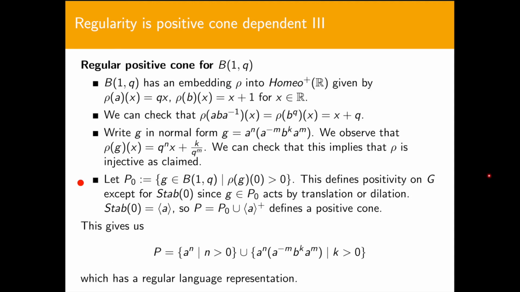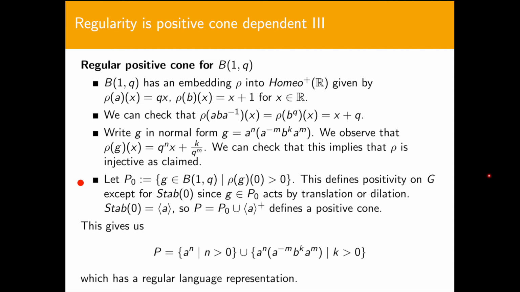So what about a regular positive cone for BS(1,q)? BS(1,q) has an embedding rho into the set of orientation preserving homeomorphisms of R, given by rho of a of x is equal to qx, and rho of b of x is equal to x plus 1, for x in R. And we can check that this map preserves the relation as expected.